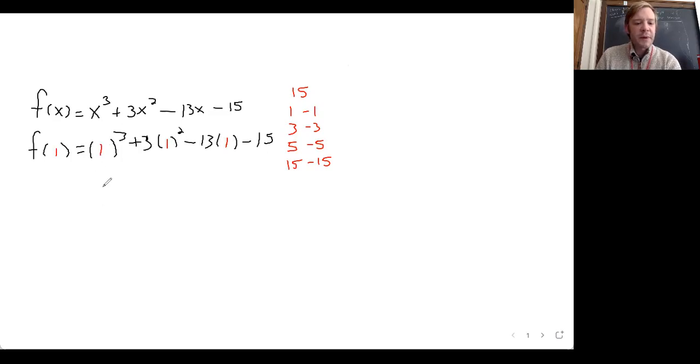So 1 to the third power is still going to be 1 because it's 1 times 1 times 1. Here we have 3 times 1 squared. So the 3 will stay the same for the moment, but 1 squared will be 1. And then I've got 13 times 1, which I'll leave the same for the moment, and then I still have my minus 15 here.